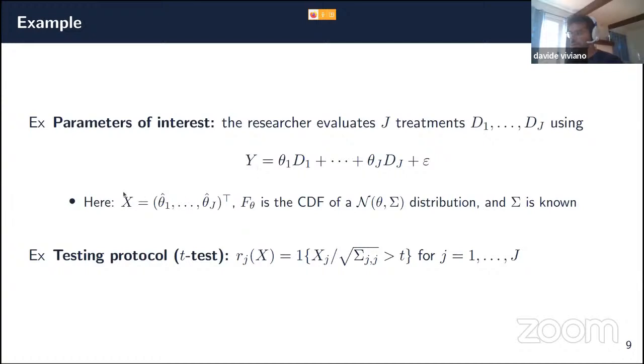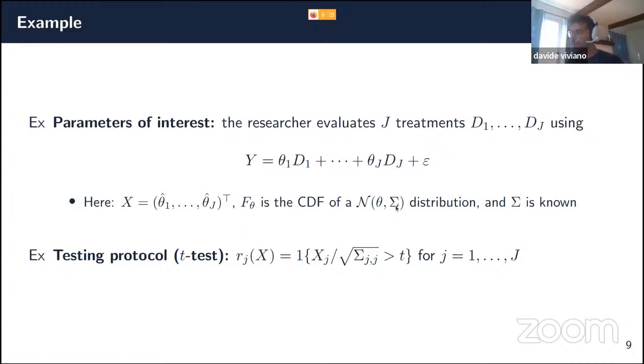In this context, our X is just the OLS estimates of our parameters from θ1 to θJ. And we can approximate our distribution F of theta to be a Gaussian with some mean theta and variance sigma, which is known.